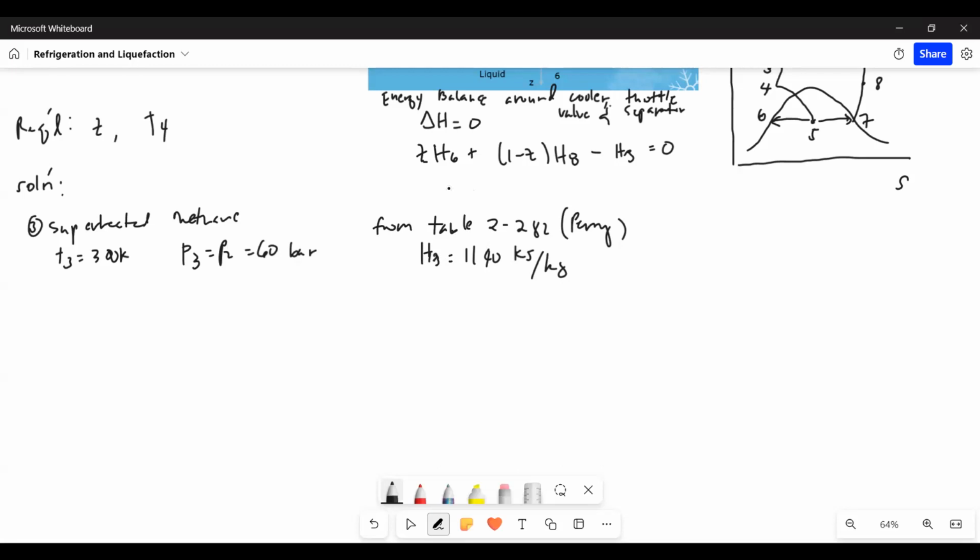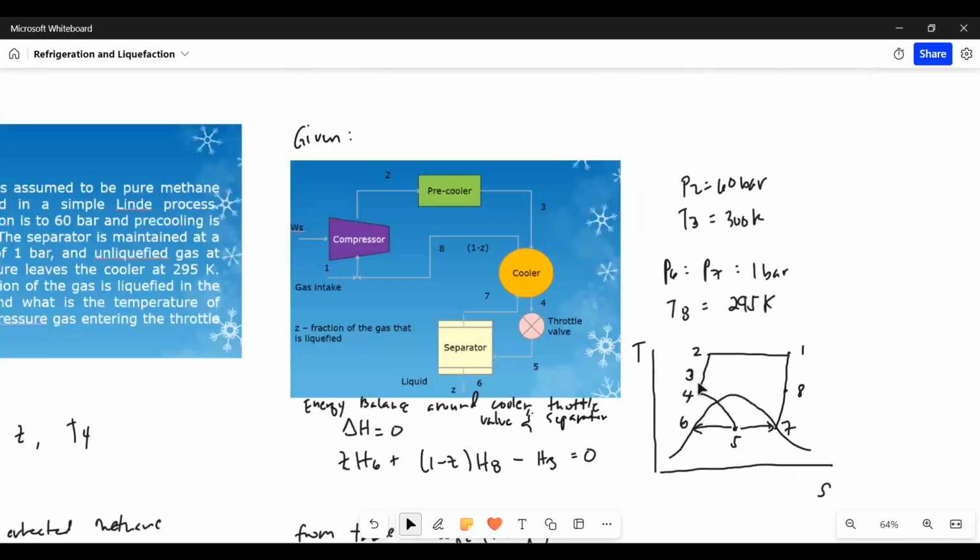The next point that we can consider is point 8. Point 8 is still superheated methane. Based on the diagram, actually all of these points are superheated methane, or methane as a gas. So point 8, what do we know about point 8?